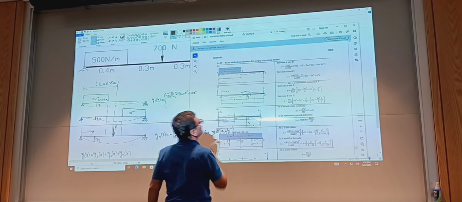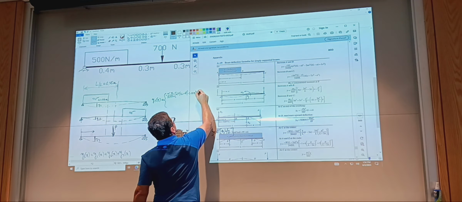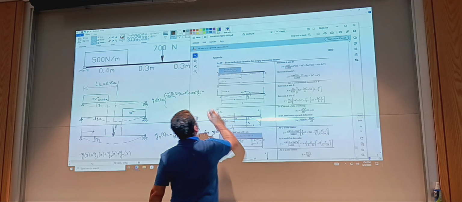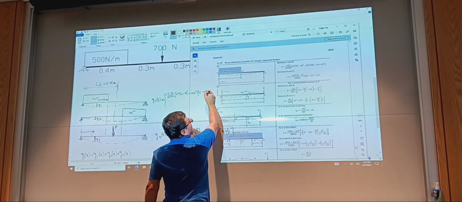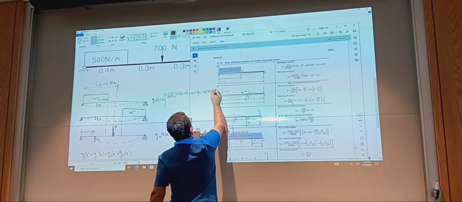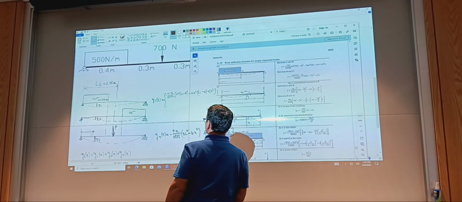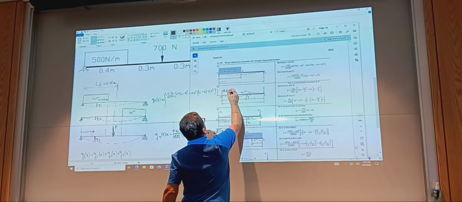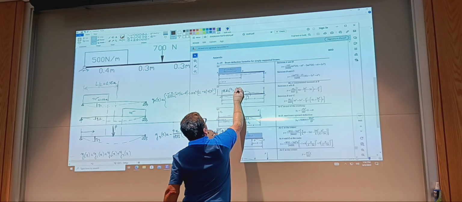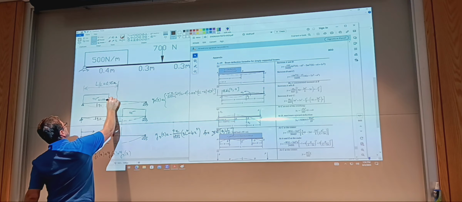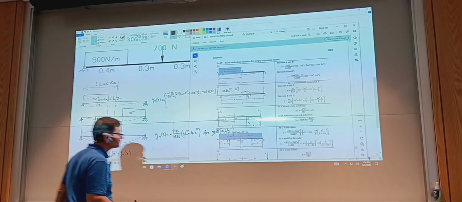Then x squared minus A, and plus L x squared. I just repeated that equation over there, okay? So that's for x going between 0 and A, with A less than L over 2.